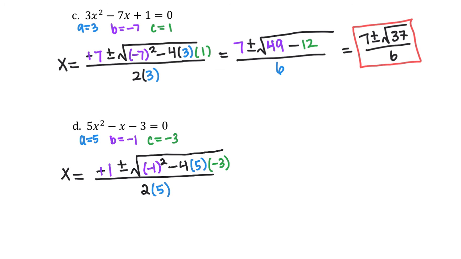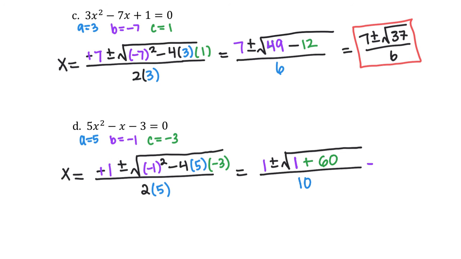Okay, now let me just simplify this. Okay, -1 squared is -1 times -1, which makes it a +1. Minus 4 times 5, minus 20 times -3. Minus times a minus is going to switch this to a plus, and then 20 times 3 is 60. 2 times 5 is 10.